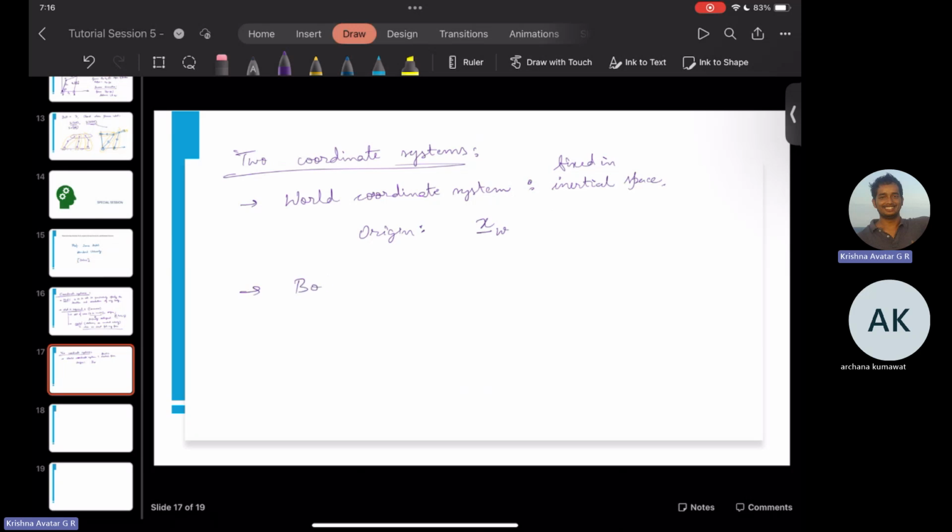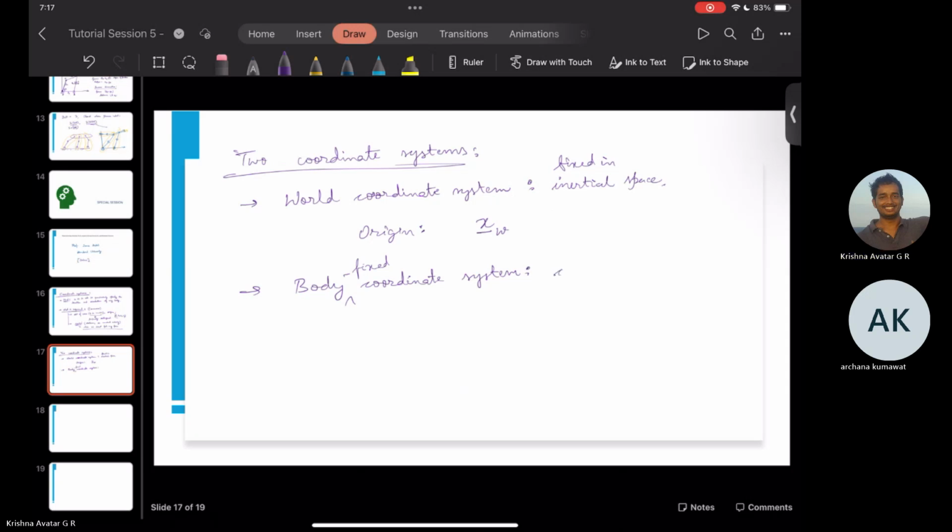The second coordinate system is the most fundamental building block when we are referring from one coordinate system to the other. It is what we call the body coordinate system, or body fixed coordinate system.